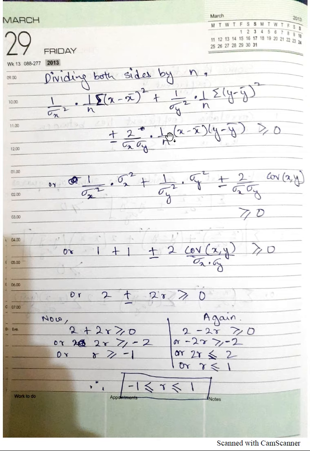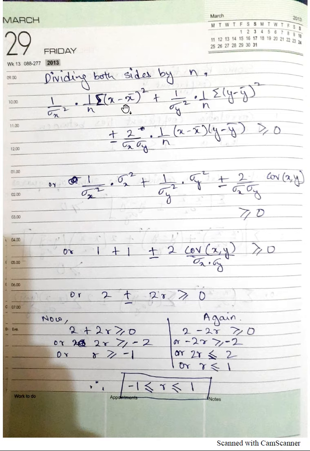I'm sorry, here the summation sign is missing, so please add the summation sign. It is greater than or equal to 0, and 0 divided by n will still be 0. So we'll get this after dividing everything by n.